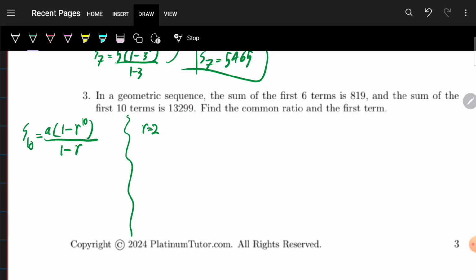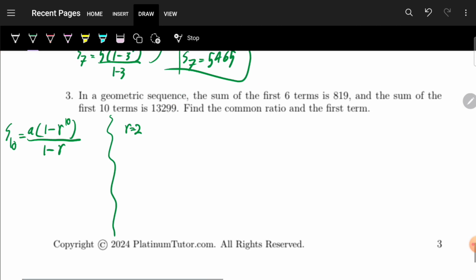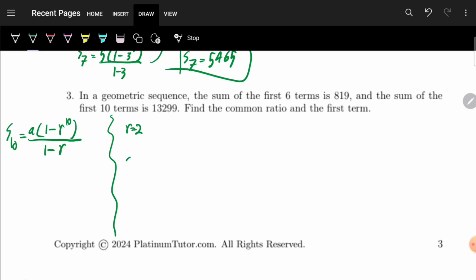Let's figure out the first term. How can I figure out the first term? Well, we know that we have this equation for the sum of the first 6 terms, 1 minus 2 to the 6 over 1 minus 2. So we get 819 is equal to a, let's see, what is 1 minus 2 to the power of 6?